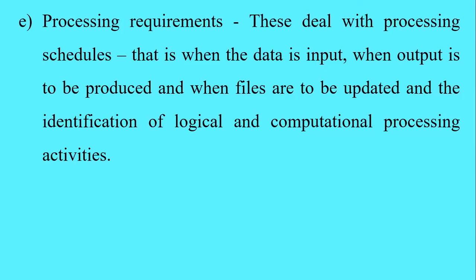Number five is processing requirements. These deal with the processing schedules. That is, when the data is input, when output is to be produced, and when files are to be updated, and the identification of logical and computational processing activities.